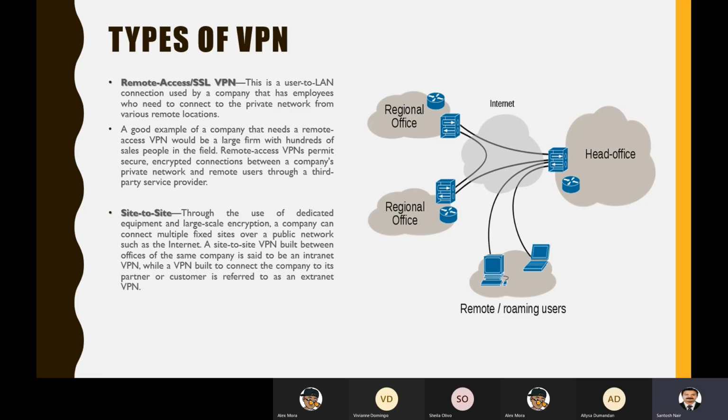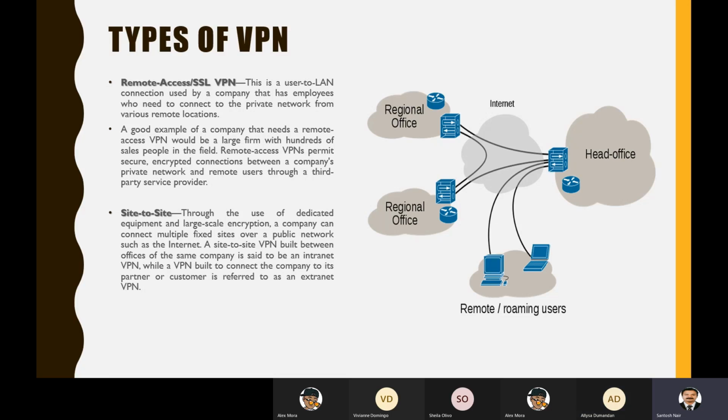So mainly, types of VPN, as I said. Site-to-site VPN is to connect two different sites, from a head office to a branch office. Many banks have site-to-site VPN towards their branches. If the branch is in a very remote location, they will still have a very secure connection.